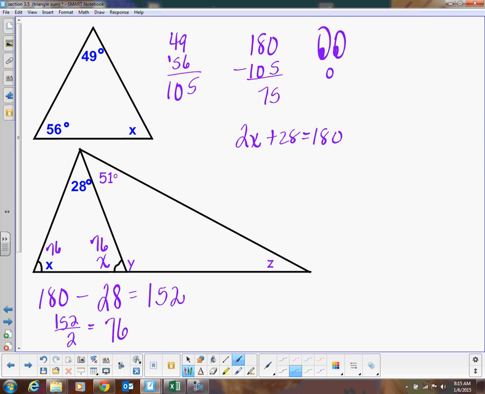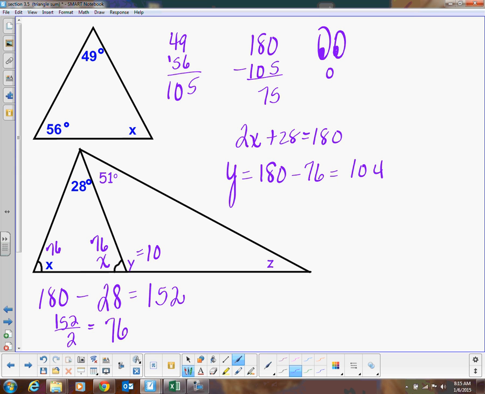Yes, we could have done that also. We still would have gotten 76. All right, so what's the relationship between x and y? They form a T. It's a straight line. So how do I find y? 180 minus x, which is 76, so this is 104.